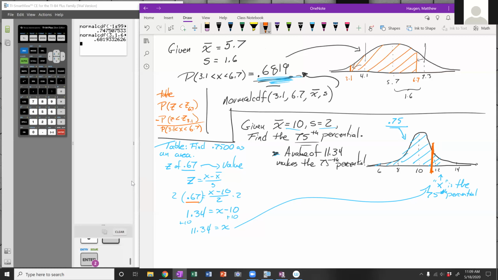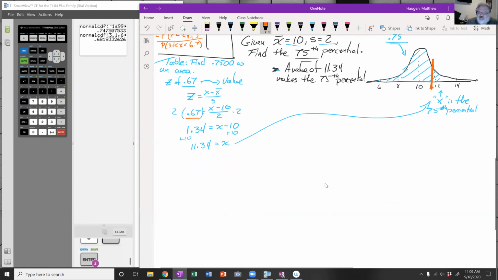And actually, an interesting point, we have a name for the 75th percentile. That was our Q3. Remember that? Yeah. So Q1 is our 25th percentile. So sometimes we will be asked stuff like that, but we'll play with that more in a bit.